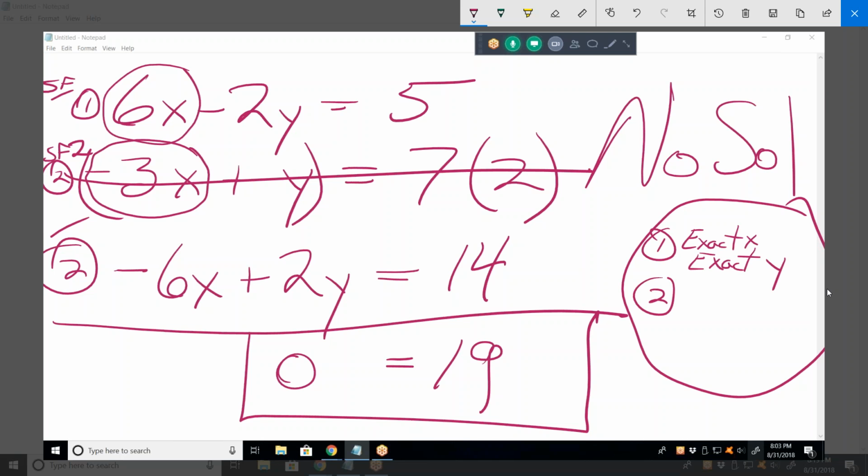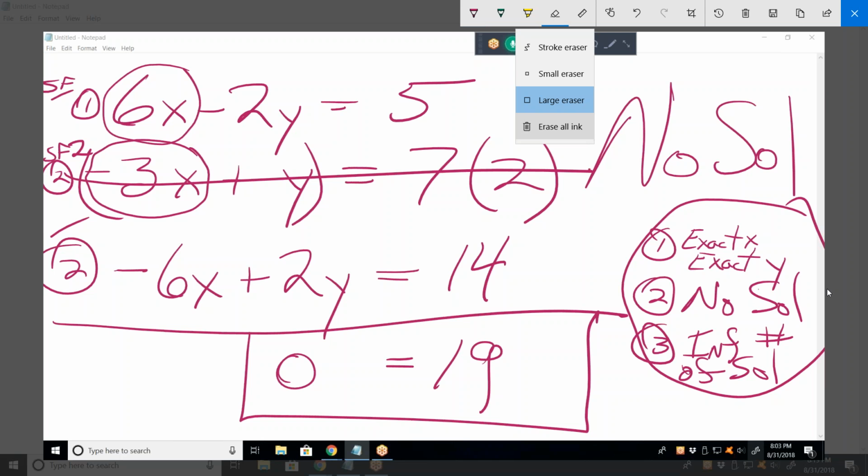But when you try using elimination to solve it, and you get one number equals another number, that's no solution. And a third possibility is infinite number of solutions.